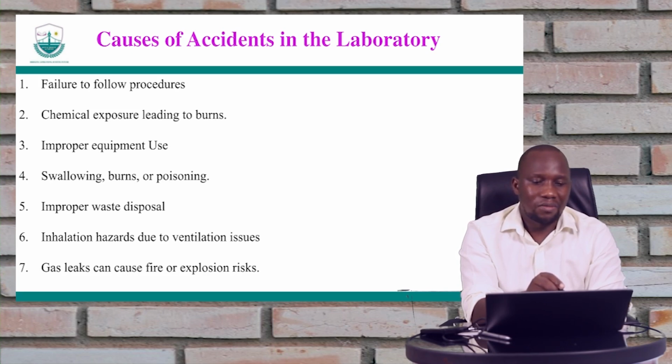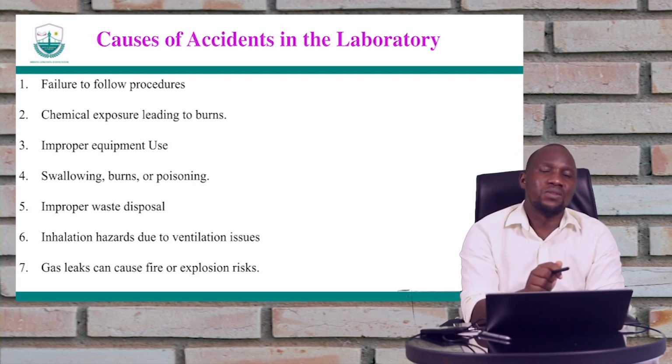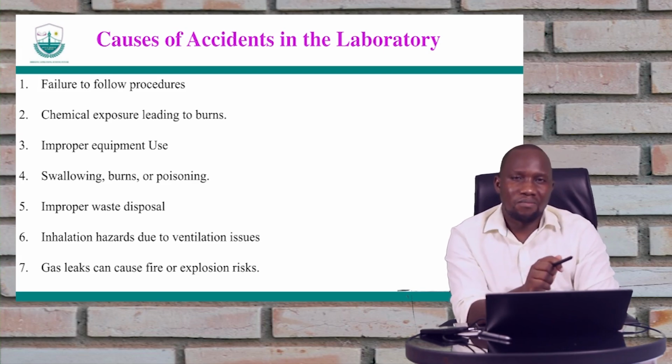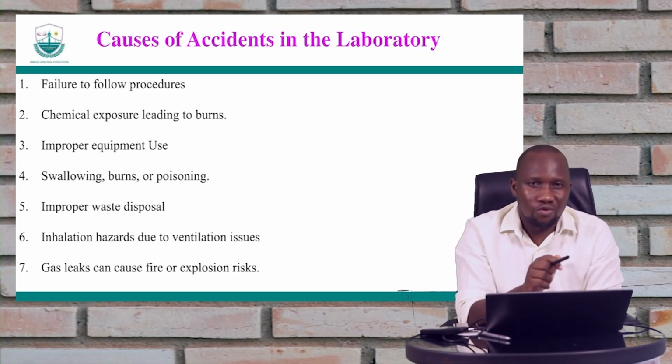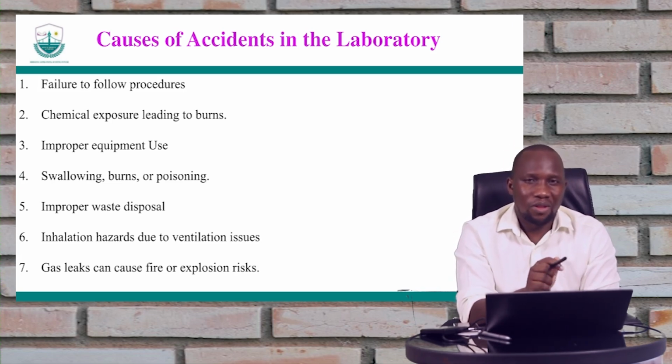And then the other issue is about improper equipment use. Each equipment has its own use. So please use them based on what they are supposed to be used for. If you don't use them for their purpose, then you have problems.